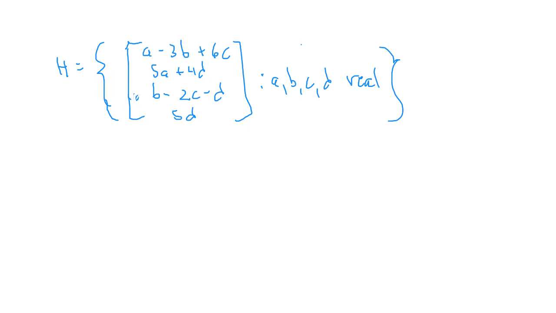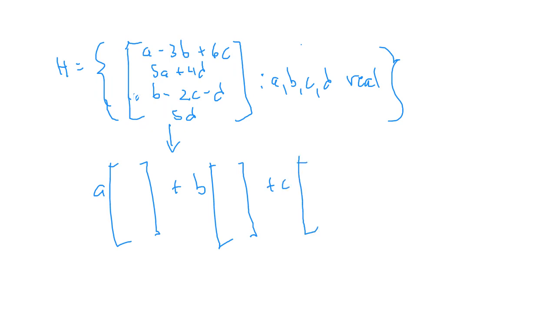So you can take this vector here and write it as A times a vector plus B times a vector plus C times a vector plus D times a vector. Now, what would the vector A be? What are the 4 coordinates there for the vector A? For this example 3 we're looking at from section 4.5.